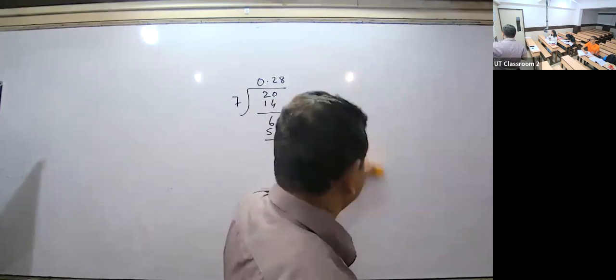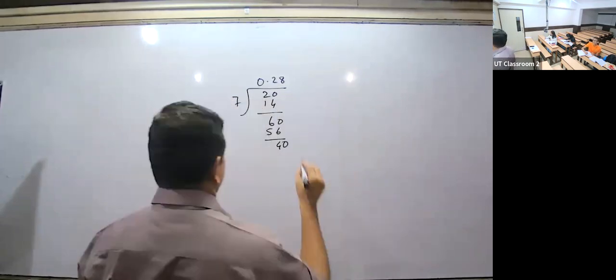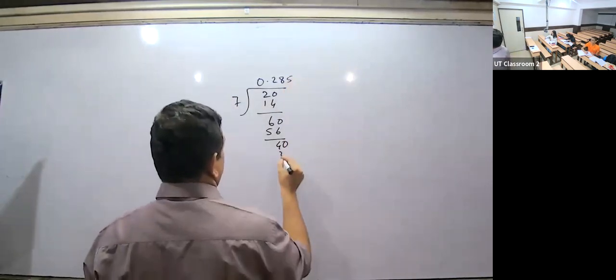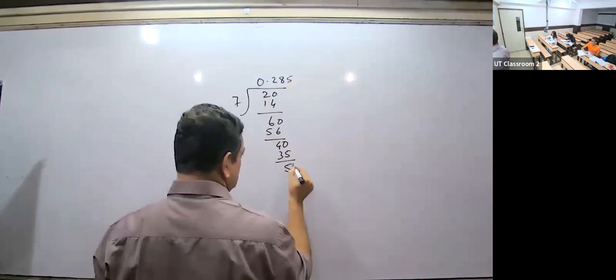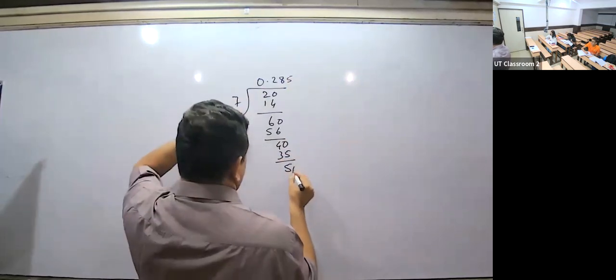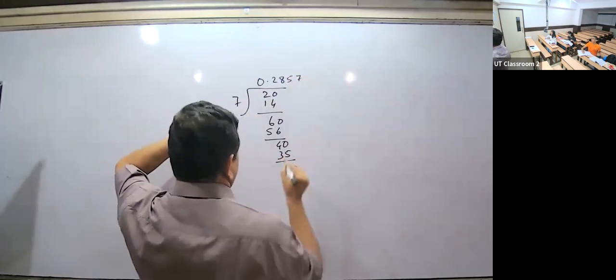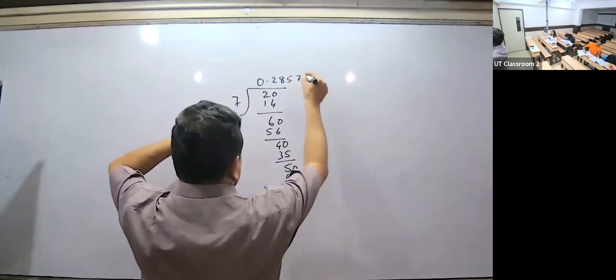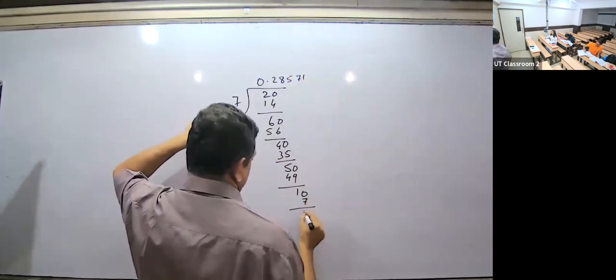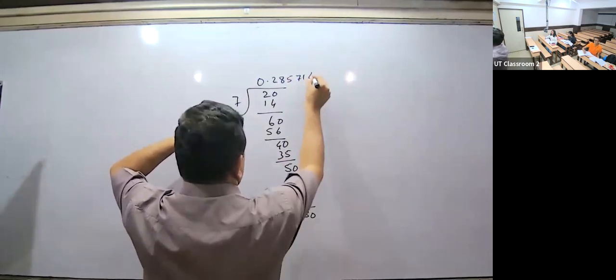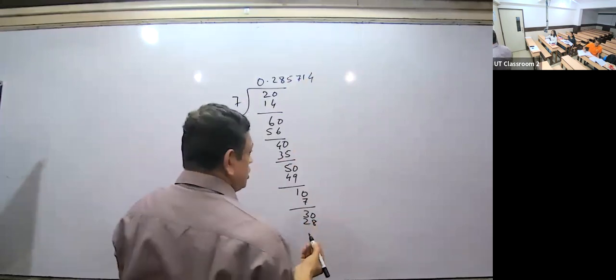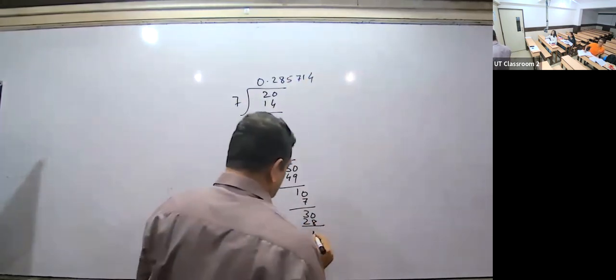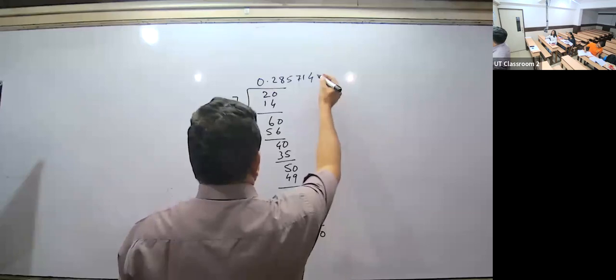Then 5, 35, is it over? 5, there is no repeating. 50, 7 sevens are 49, 1, 10, still not come. 1 sevens are 7, 3, 30, 4 sevens are 28. You have to find out until where it recurs. 2, 20. Yes, now it is repeating.